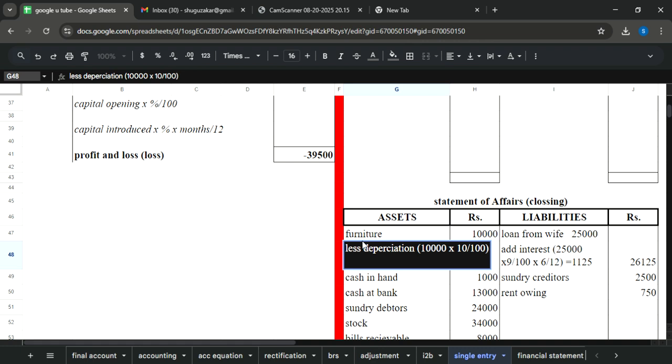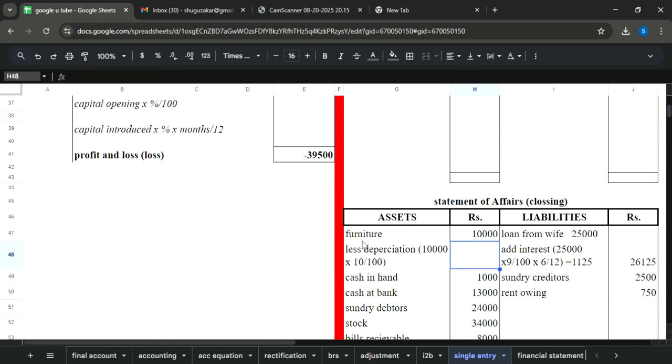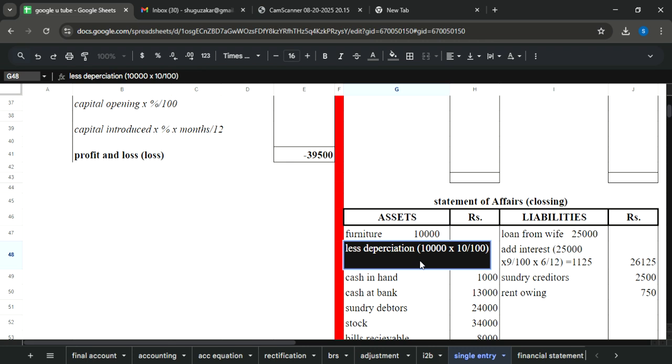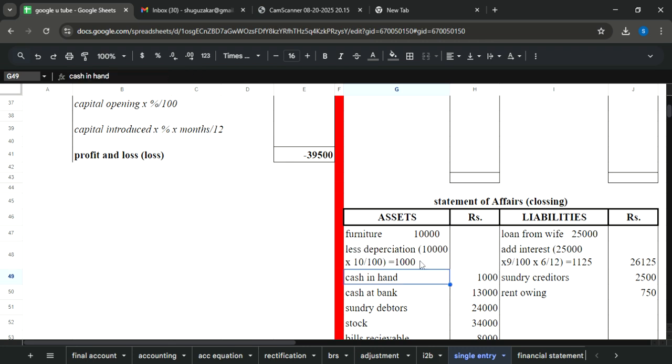Depreciation would be calculated here: 10,000 multiplied by 10 divided by 100, so 1000 would be the amount of depreciation. So finally, furniture was 10,000 less 1000 depreciation, so we have got 9,000.